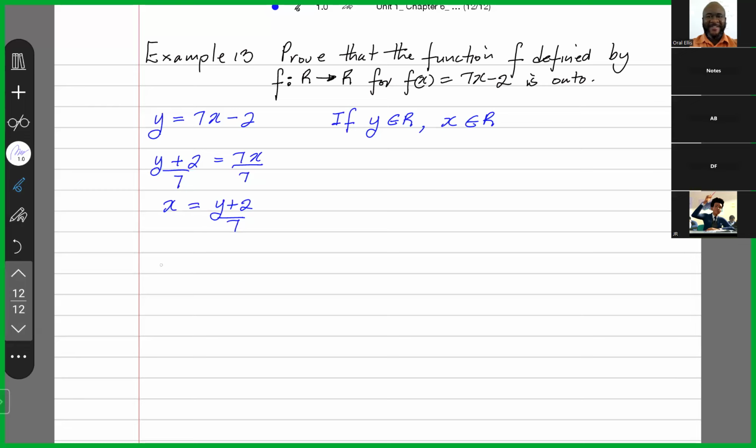I can also show that f of x, which is the same as saying f of y plus 2 over 7, is equal to 7 times y plus 2 over 7, minus 2.